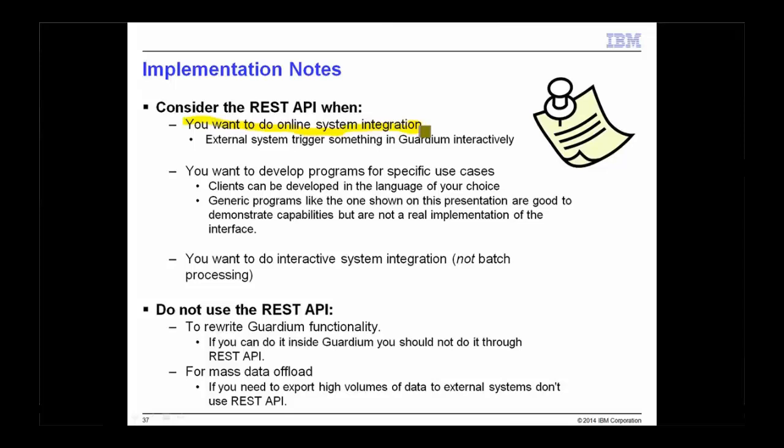This is a good use case for REST API. A different use case might be integrating with physical access control, the systems that manage the doors of your facility, to correlate users' physical location with the location from where they log into database systems. So integrating two different systems is a good use case for REST API.